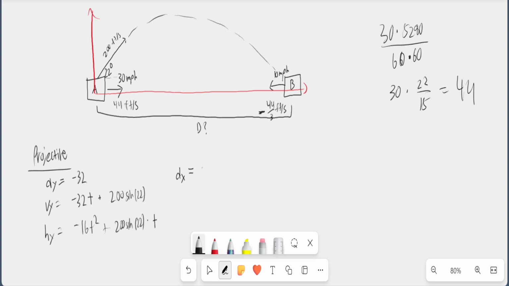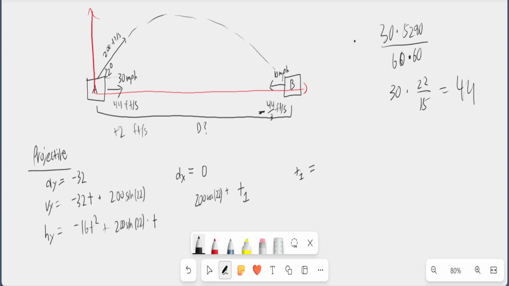Our acceleration for the x would be 0, but our initial value would be 200 cosine 22 plus t1. Let's call it t1, and t1 would be the velocity of the car at the time the missile is getting shot.